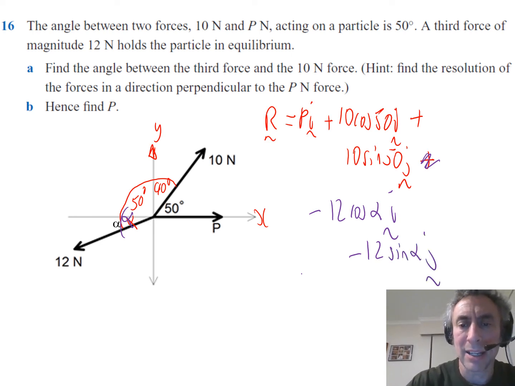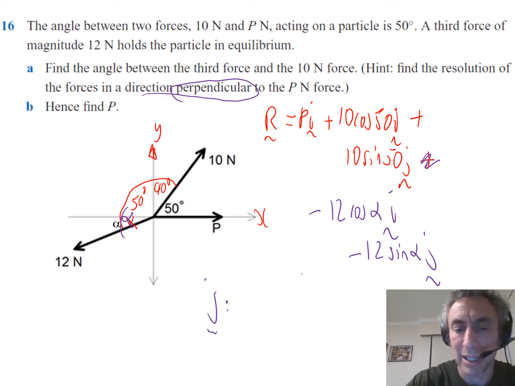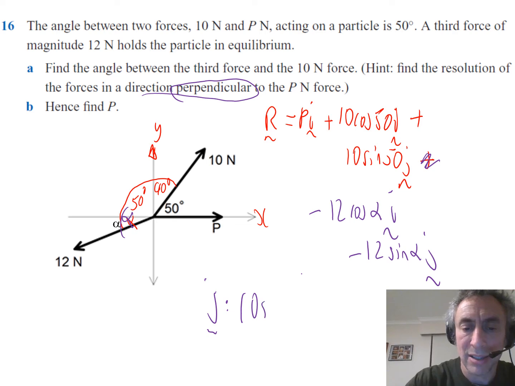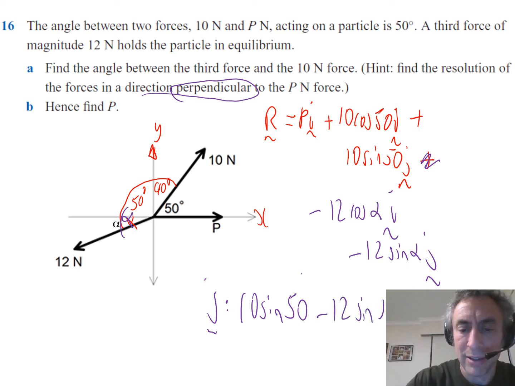But as said, all we're interested in is resolving forces in a direction perpendicular to the P force. So our j component really has the following elements to it. It has 10 sine 50, minus 12 sine alpha, equals 0, and from there we can work out what alpha is.